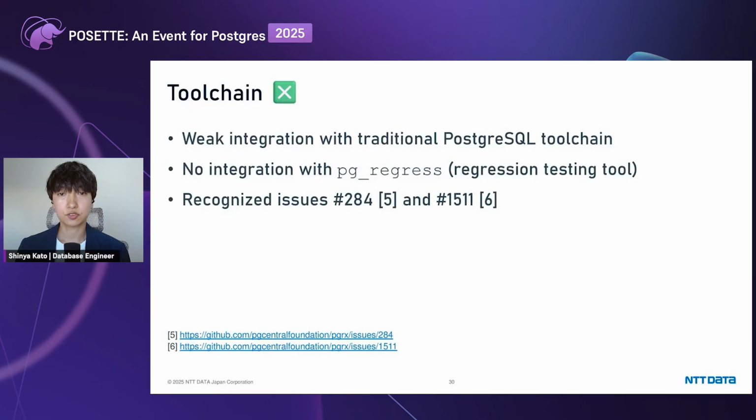While pgrx provides its own testing mechanism, it doesn't replace the pg_regress workflow. This is a recognized limitation as shown by the GitHub issues listed on the slide. For now, this means that setting up pg_regress style tests might require separate configuration.